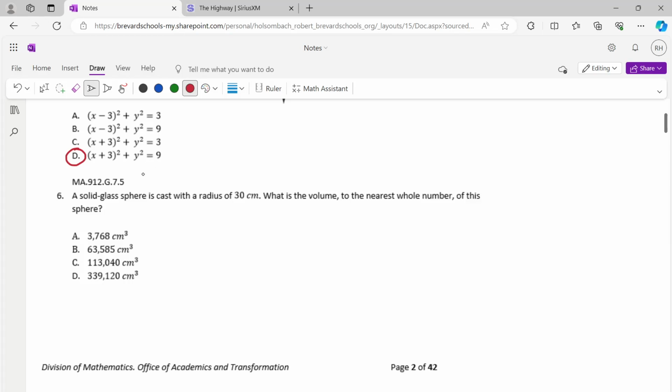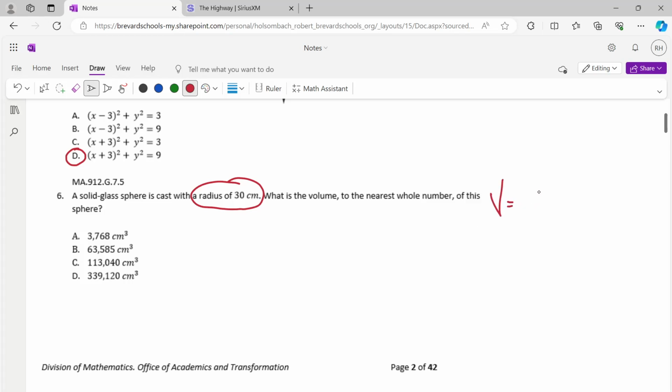Problem number 6, a solid glass sphere is cast with a radius of 30. What is the volume? On your reference sheet, and you take the EOC, the volume of a sphere is given.